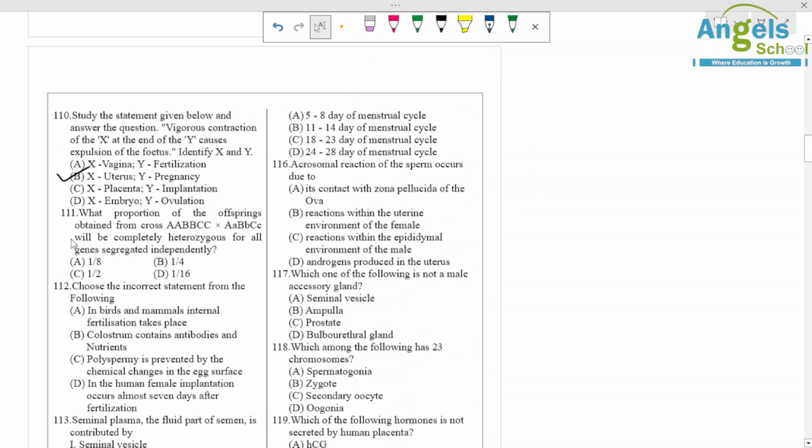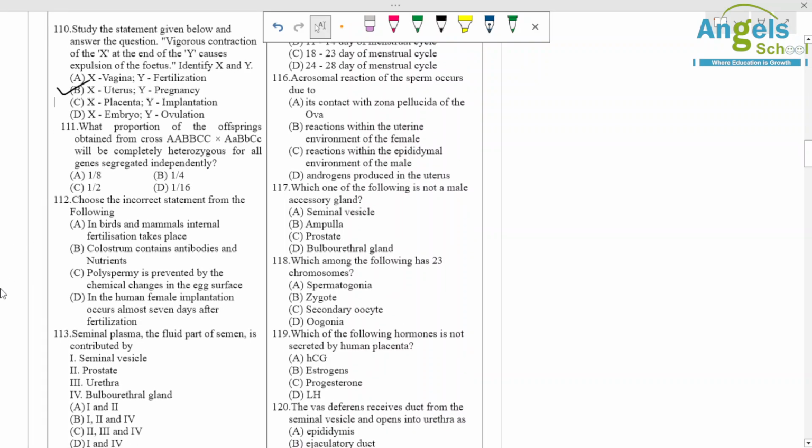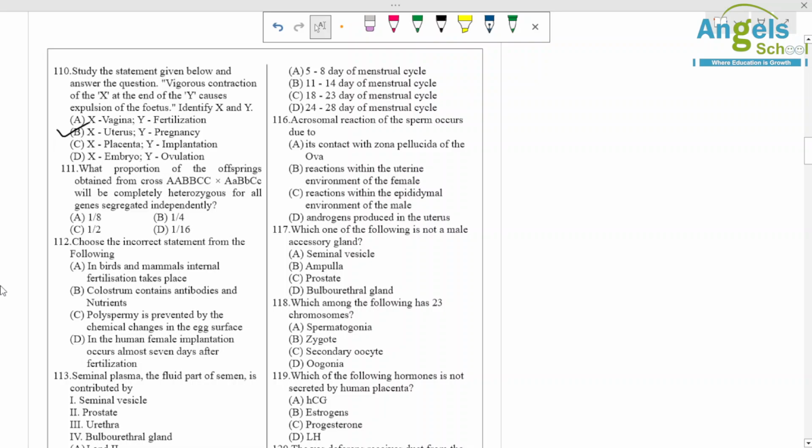Question number 111. What proportion of the offspring obtained from the cross capital A, capital A, capital B, capital B, capital C cross heterozygous ABC will be completely heterozygous for all genes segregated independently? So you have to first go with monohybrid cross, capital A cross capital A small a. So in this case first is capital A, second is capital A small a, again capital A and capital A small a.